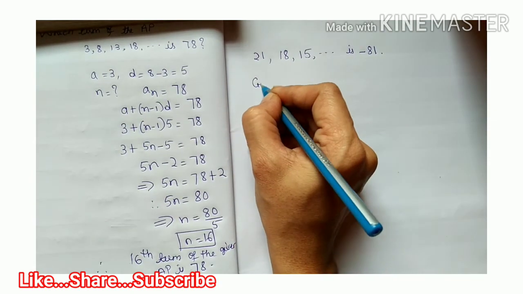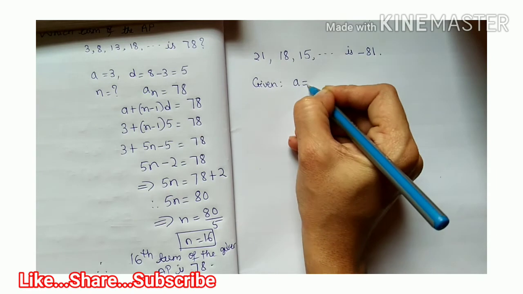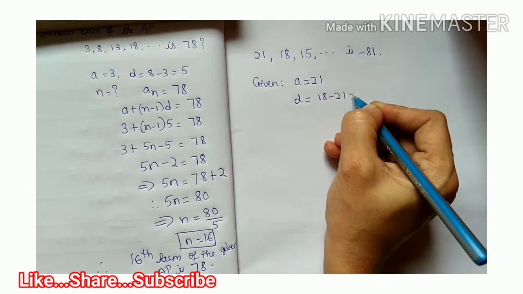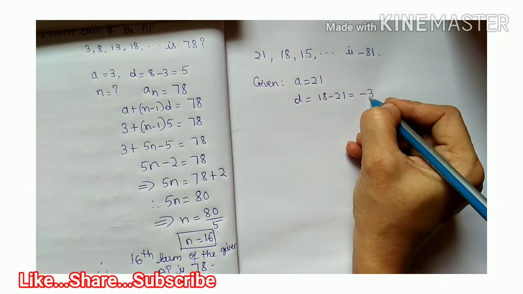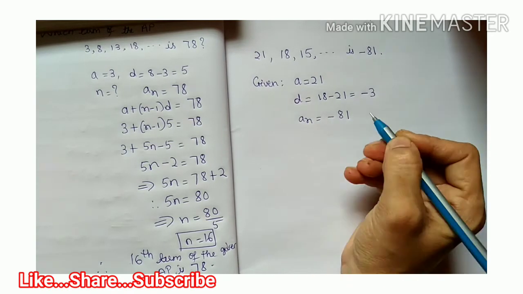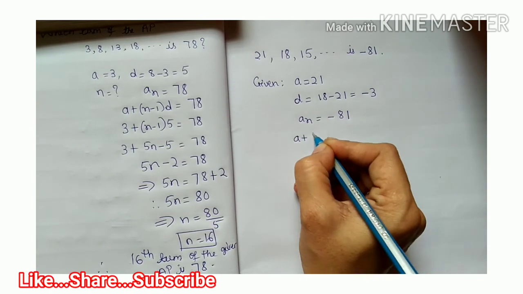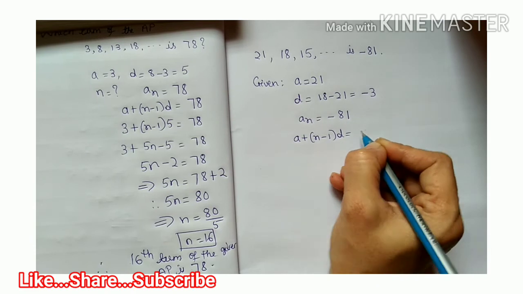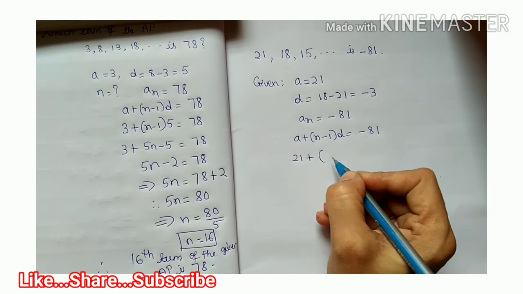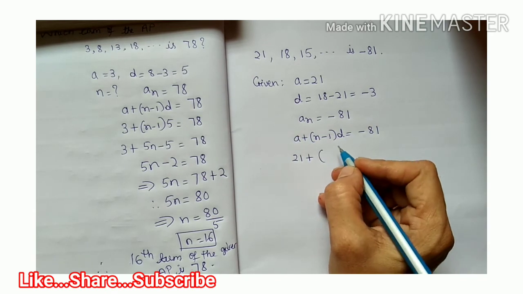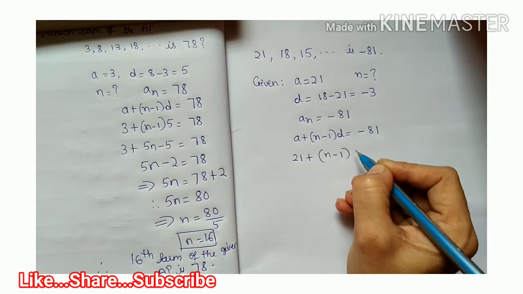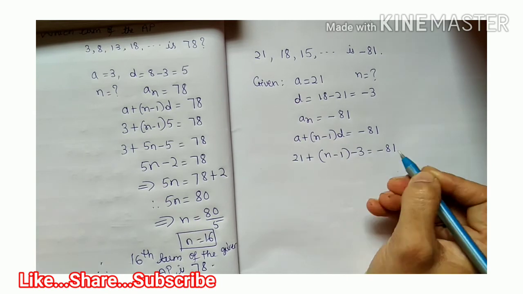Here the first term is 21, common difference is second term minus first term, 18 minus 21, minus 3, and also given an is equal to minus 81. Therefore, an is equal to a plus n minus 1 d is equal to minus 81. A is 21 plus n minus 1, d is minus 3, is equal to minus 81. We have to find n.